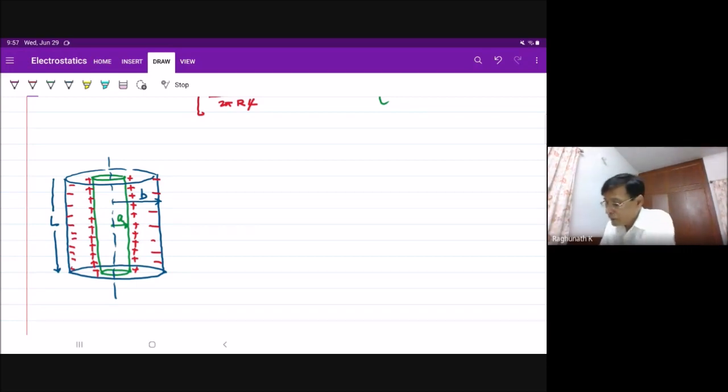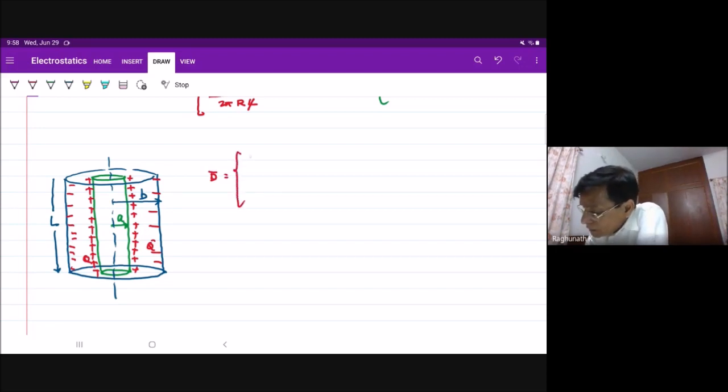Now, if Q is the charge on the inner cylinder and minus Q is the charge on the outer cylinder, totally Q flux lines will go from the outer surface of the inner cylinder to the inner surface of the outer cylinder. Only the curved surface comes into the picture because they are hollow. The flux density D bar is 0 for R less than A, and 0 for R greater than B. Why?